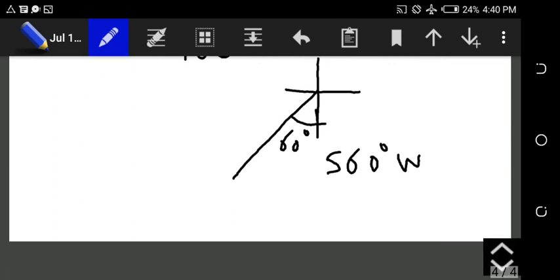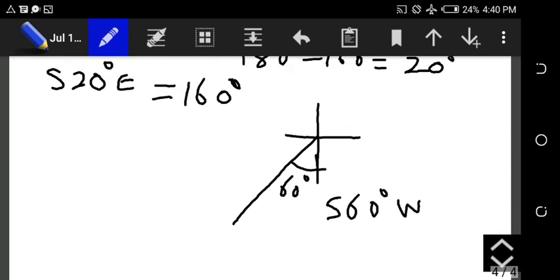Now if we want to convert this south 60 degrees west to a true bearing, what would that be?